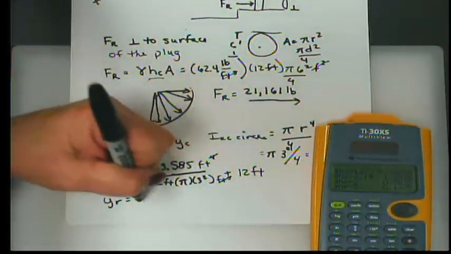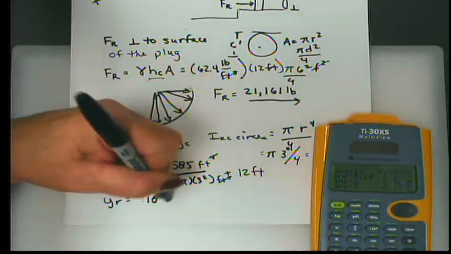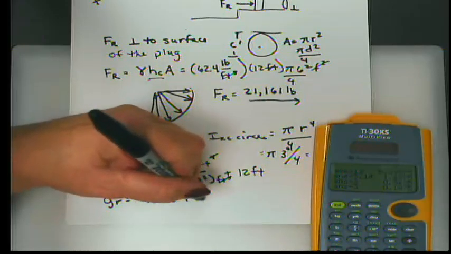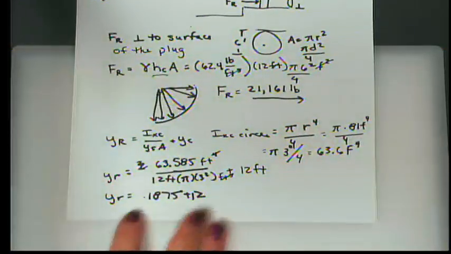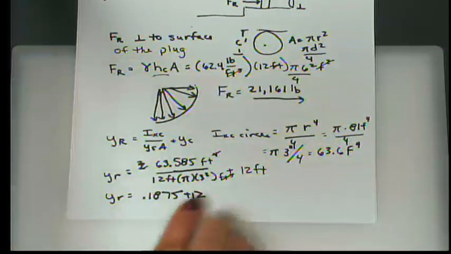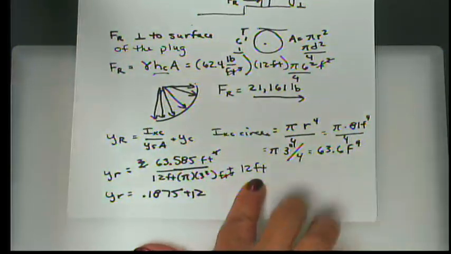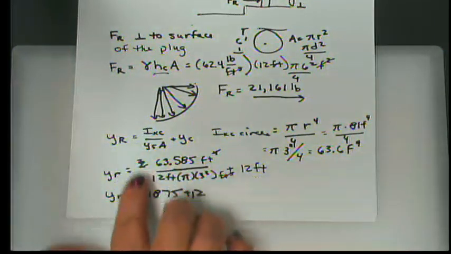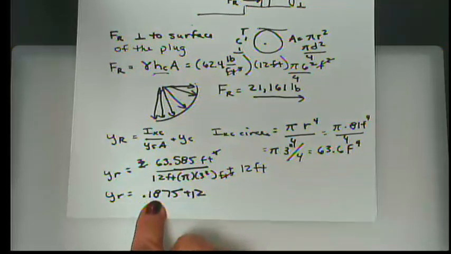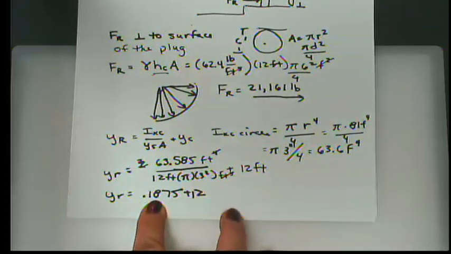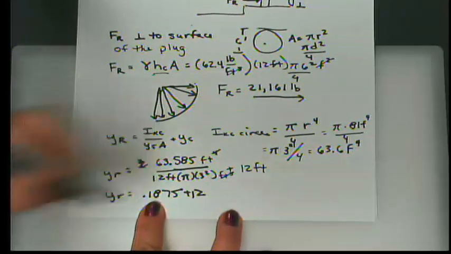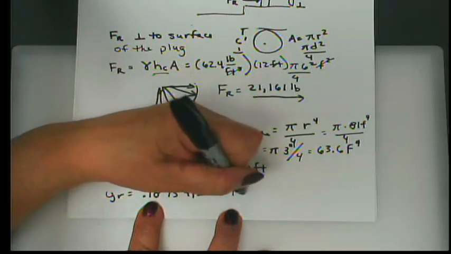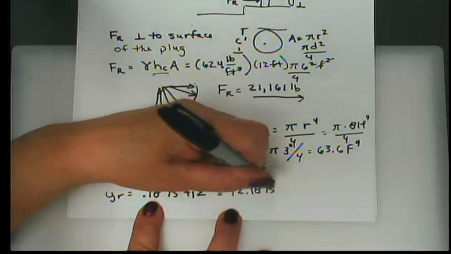Y sub r is equal to 0.1875 plus 12. Now I wanted to show you this value of 0.1875 plus 12 because remember, this is my centroid, and my center of pressure is always going to be below the centroid, so the 0.1875 feet is how far below the centroid the center of pressure is. So my y sub r value is 12.1875 feet.